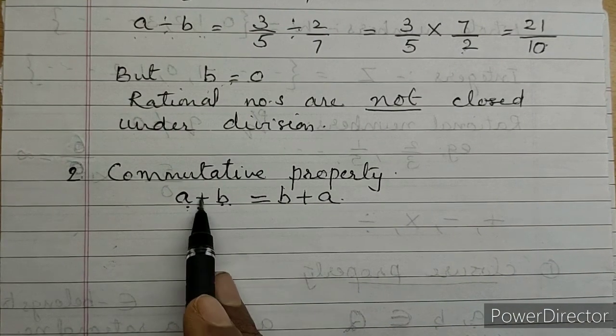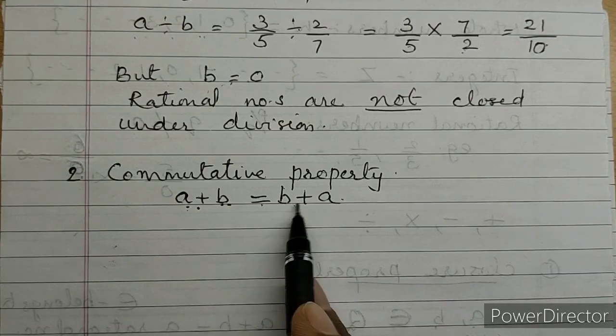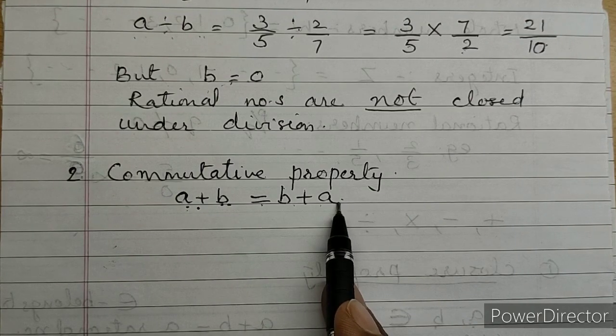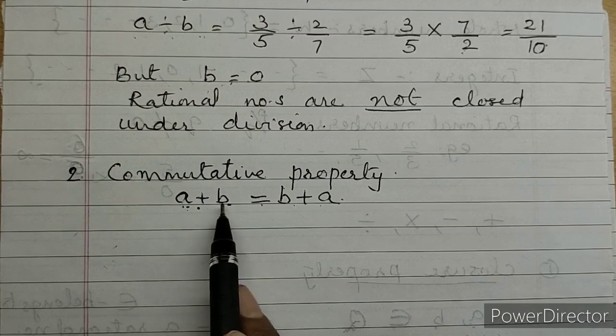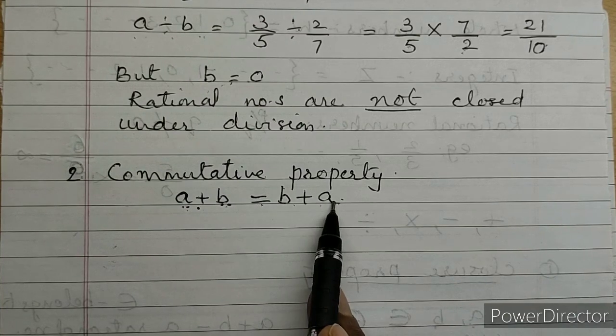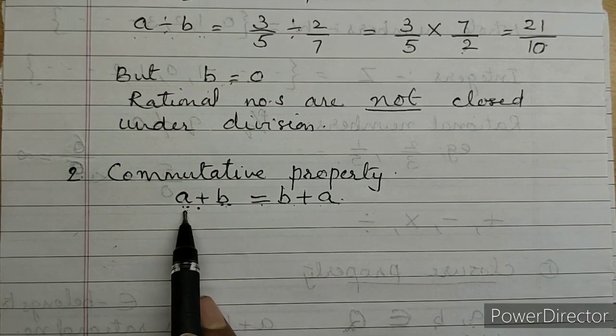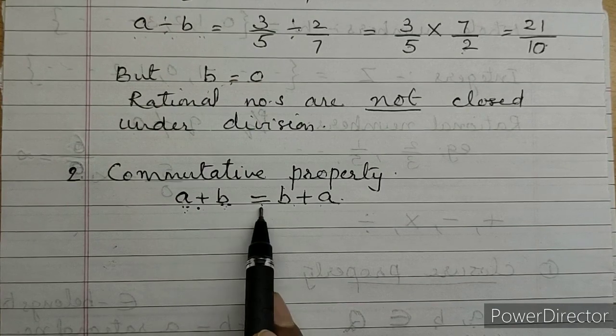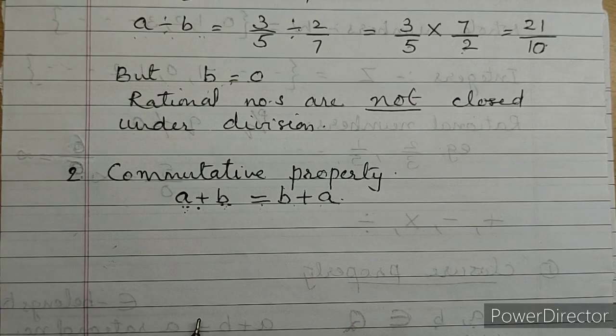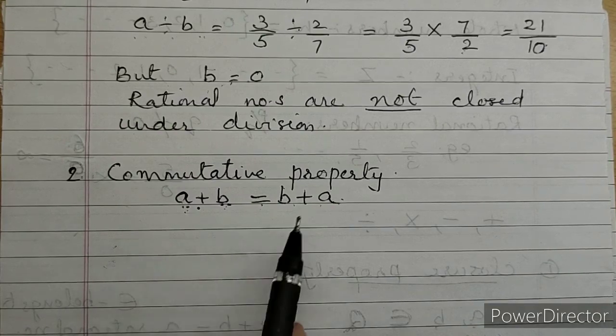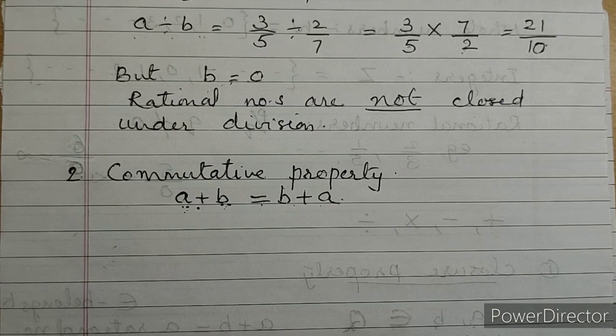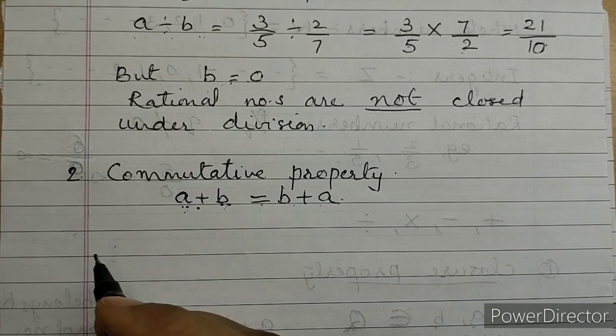For multiplication, a into b equals b into a. You have to check that. For subtraction, a minus b equals b minus a, you should check. And for division, a divided by b equals b divided by a. If it is satisfied, commutative property is satisfied for rational numbers. We will check one by one.